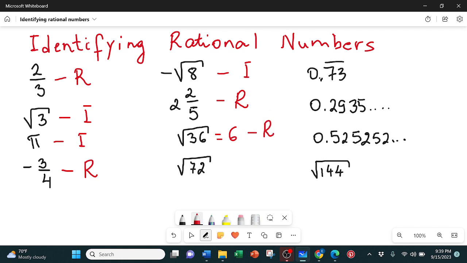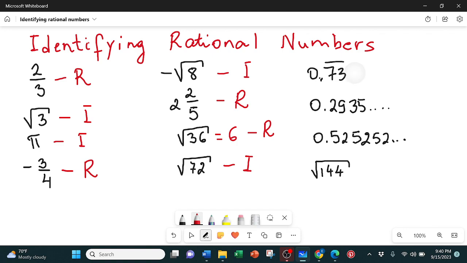Radical of 72. 72 is not a perfect square. So the square root of it is not a whole number, and it's not a repeating decimal. So it's a non-ending, non-repeating decimal. So it's an irrational number.